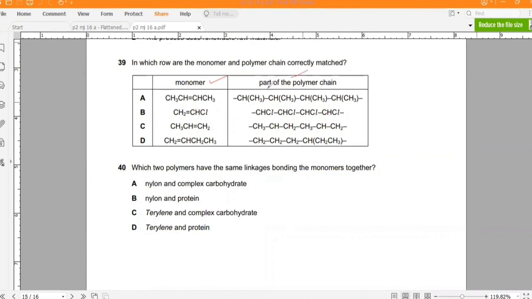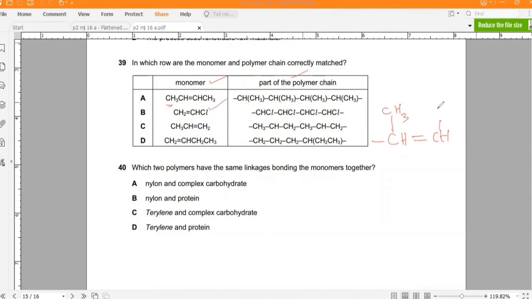In the second part here, we have part of a polymer chain. Look at it here, there are a few options. Which option matches? The monomer basically looks like this: CH double bond CH, with a CH3 group here and one CH3 group here. This is actually the monomer.